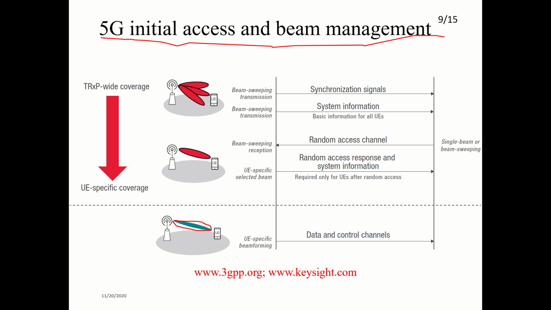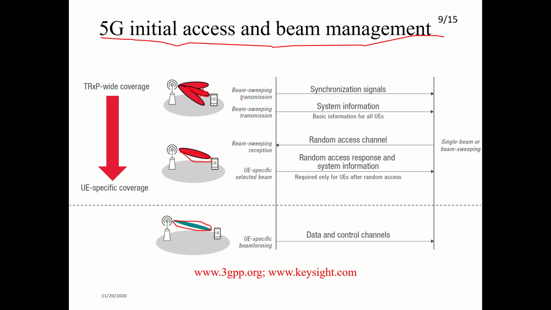Initial attach will happen, and you have to ensure the beam peak is directed towards the UE. You send an array of beams, find which beam peak is pointing towards the UE, and then lock that beam.